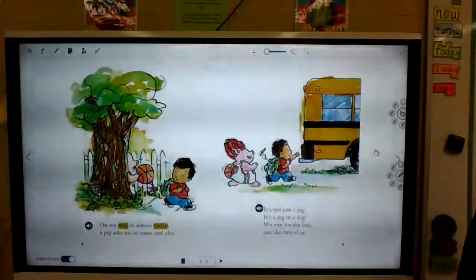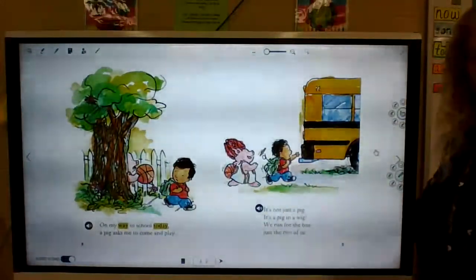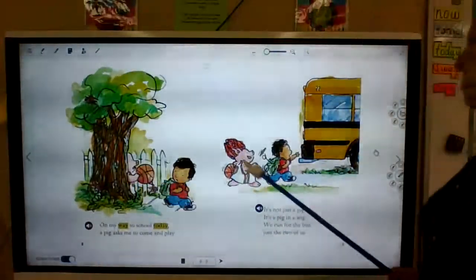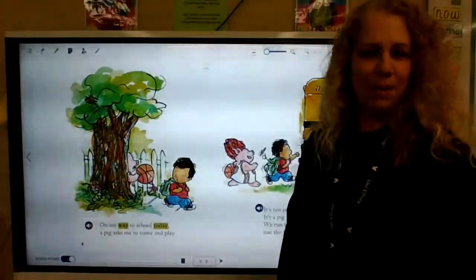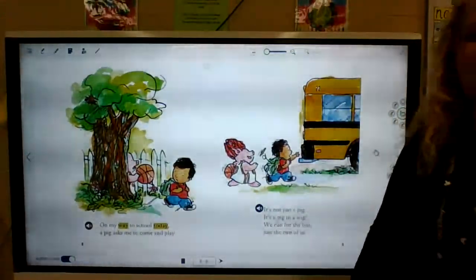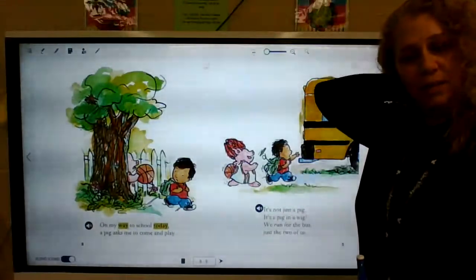But there's also a pig in the picture. I predict that the boy might meet some other unusual characters on his way to school. Because if he's meeting a pig in a wig, he's probably going to meet some more animals, isn't he? As I read, I will check to see if my prediction is correct.